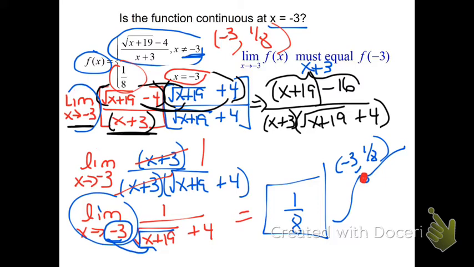Yes, it does. Therefore, is the function continuous? Yes, it's continuous. And your formal justification would be the limit as x approaches negative 3 does equal f of negative 3. And you do have to show all that work to justify it.